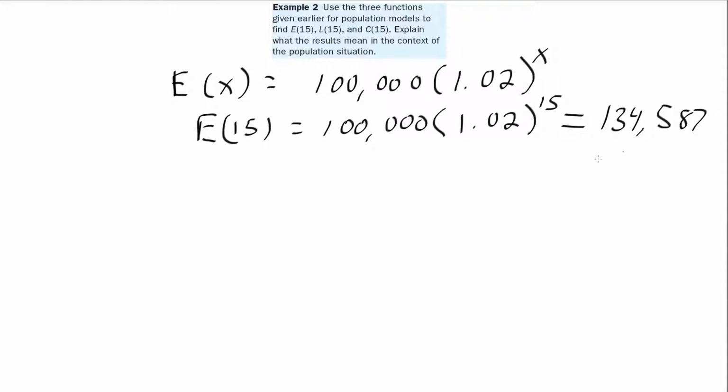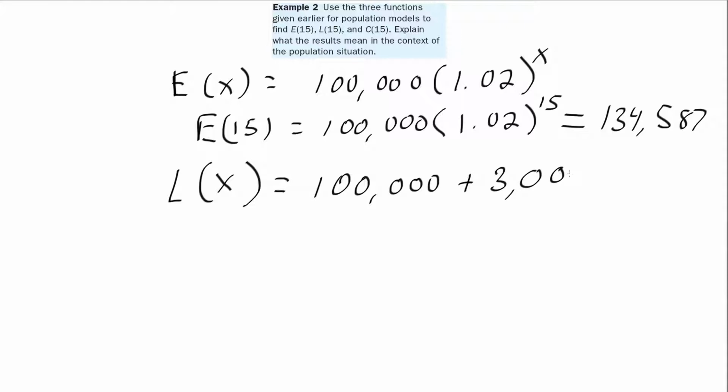Our linear model for linear growth is, again, we would write this to begin with as L of x equals 100,000 plus, and our growth factor for that linear function was 3,000 times x.